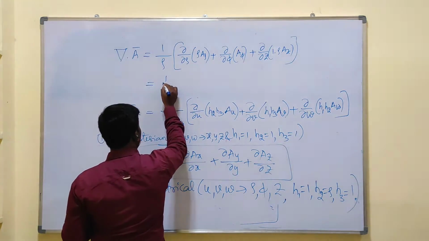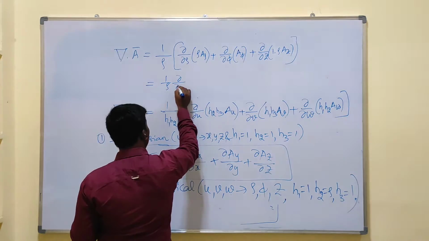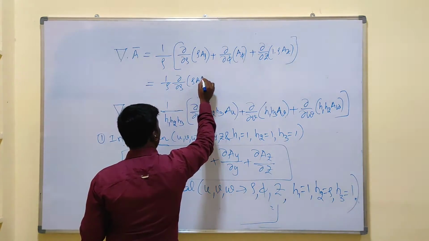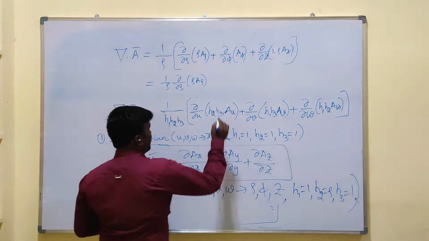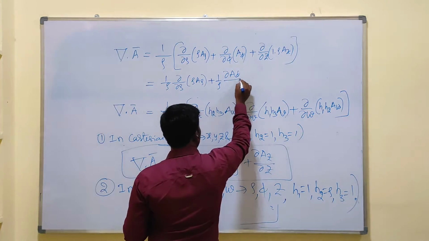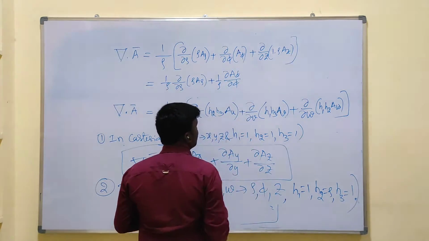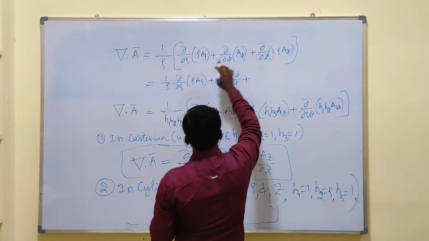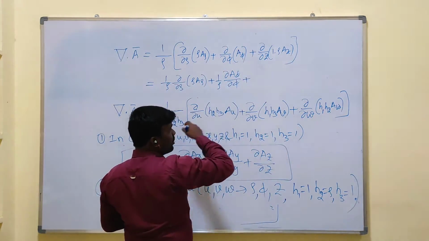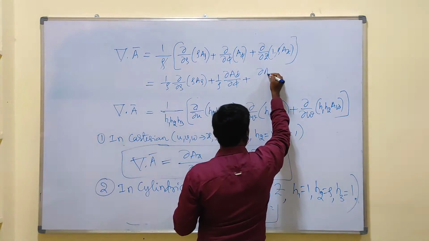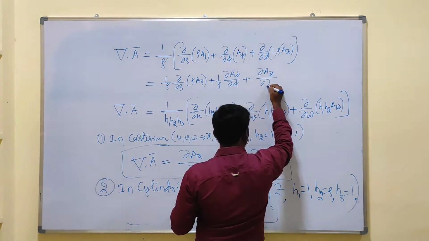You will get 1 by rho, ∂/∂rho of rho Aρ, plus 1 by rho, rho by rho cancels out, you will get ∂Aφ/∂φ.